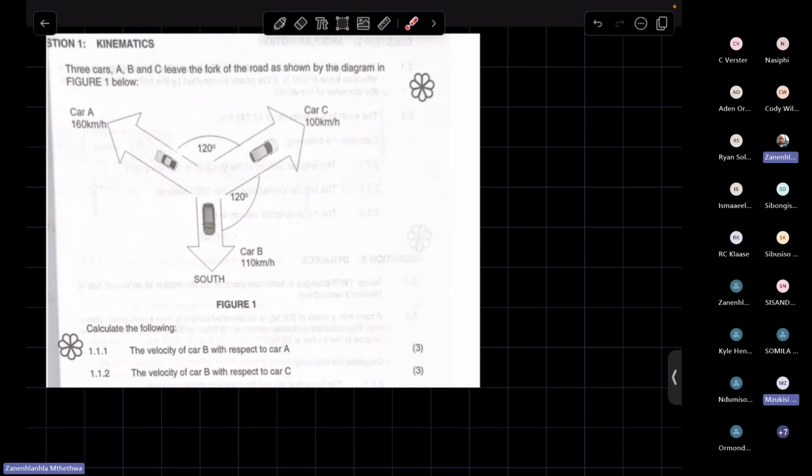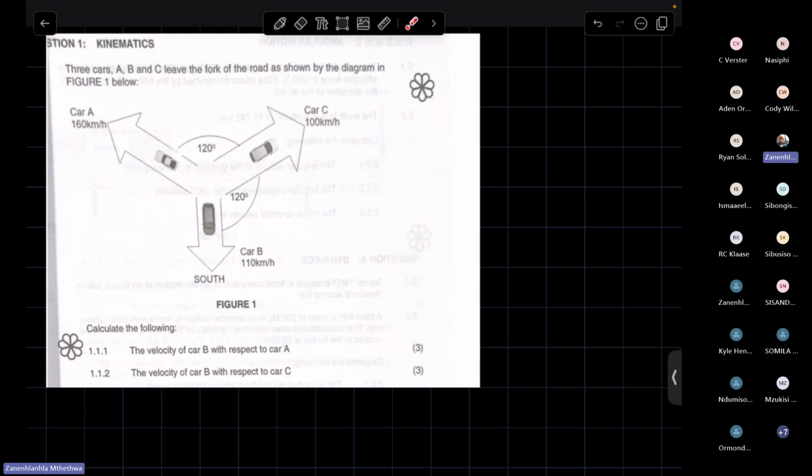Well noted. So, let us look at this problem and see how we would use the method of components. And then afterwards, we will do the problem again, but now using the parallelogram method. It is important that you are comfortable with both methods because in the exam, it could be specified for you to use the vector diagram.